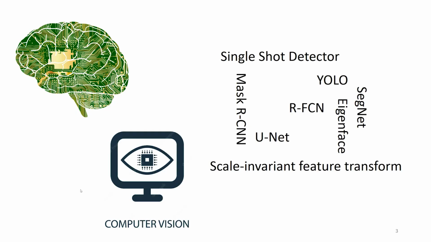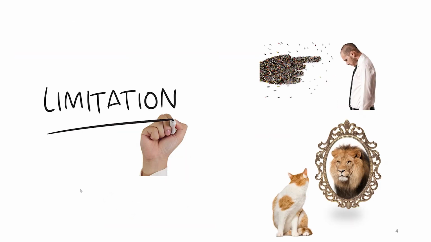And with recent developments in machine learning, especially in the computer vision field, a lot of detectors have been developed to track the behavior of animals, like Single Shot Detector, UNet, R-FCN, YOLO, eigenface, StackNet, or scale invariant feature transform. And the recent one is Mask RCNN, which has been used to calculate the cardiac parameters in Daphnia magna. However, the last study has some limitations.